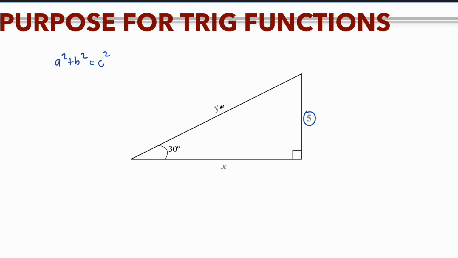We do not know the other two, which means we cannot solve that triangle. Enter trig functions. As long as we know a side and an angle, we will be able to find the other sides.